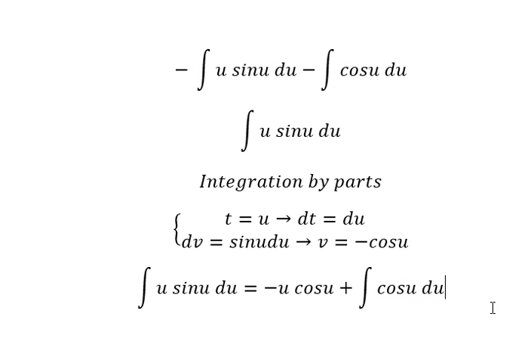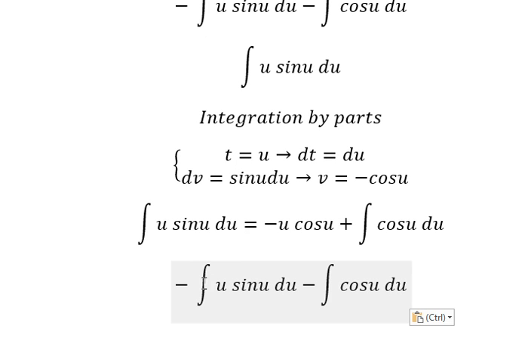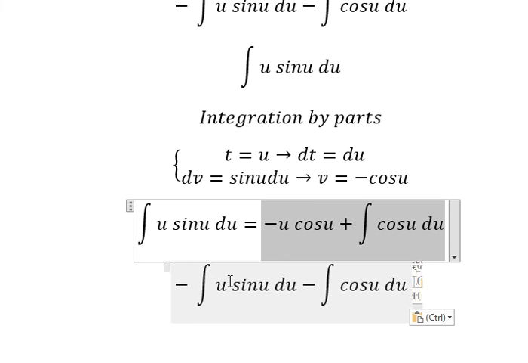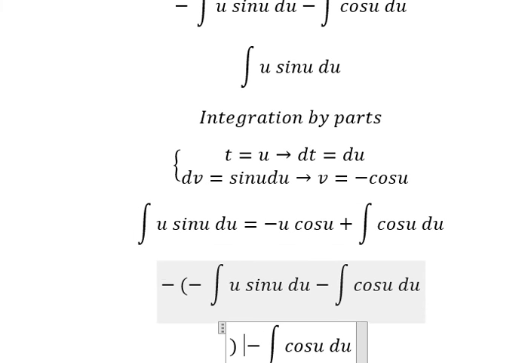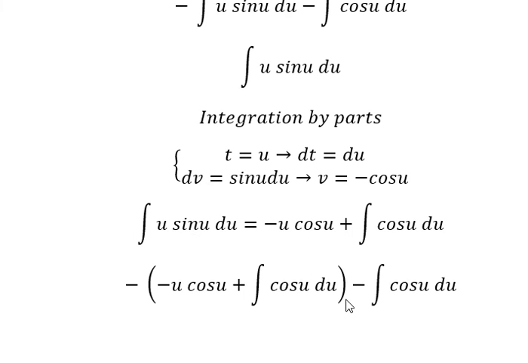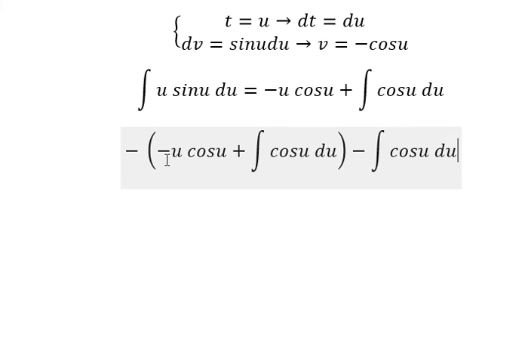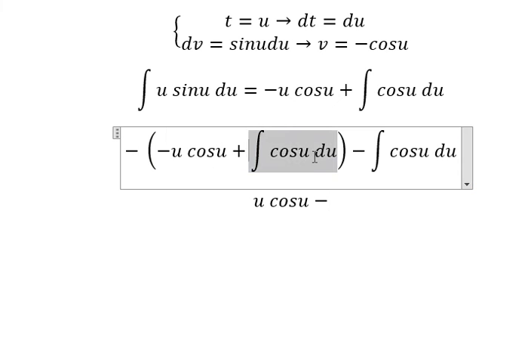So for this one, that is this one in here. So we have like this. Now with negative negative, we have positive. This one we have negative with positive.